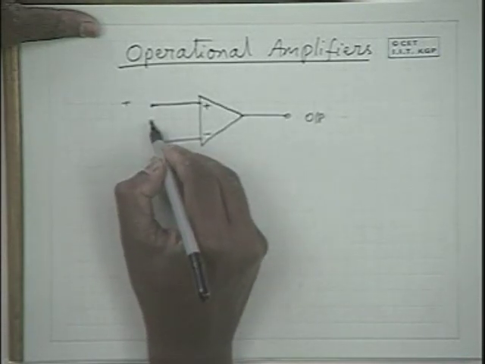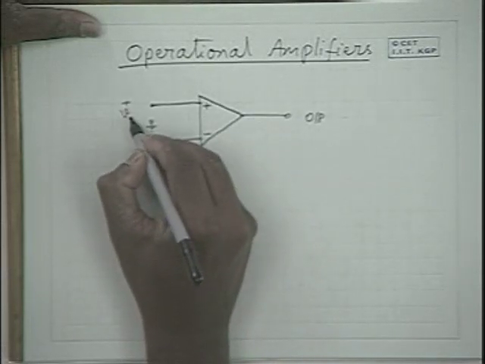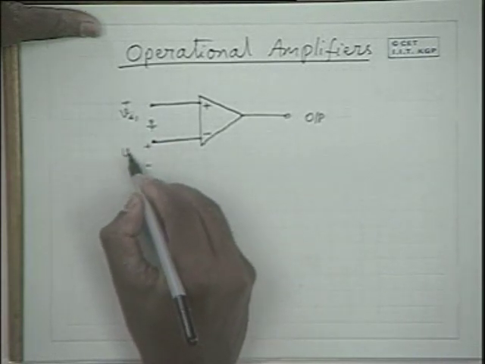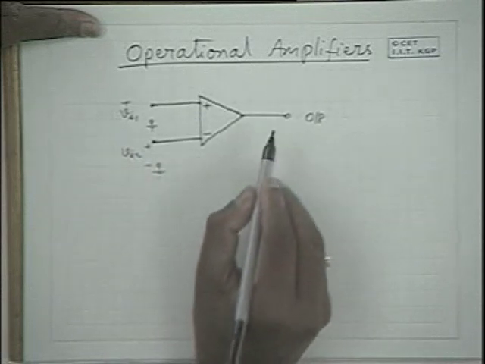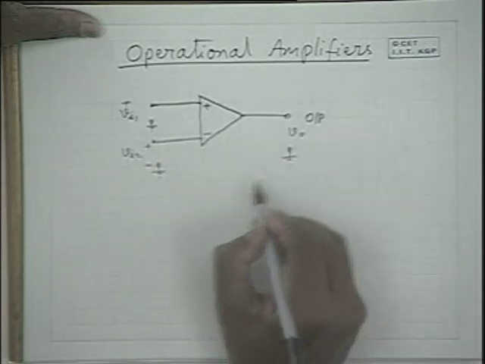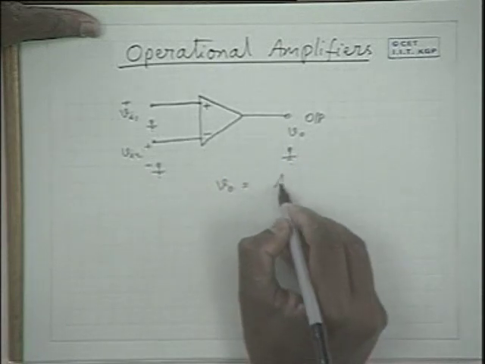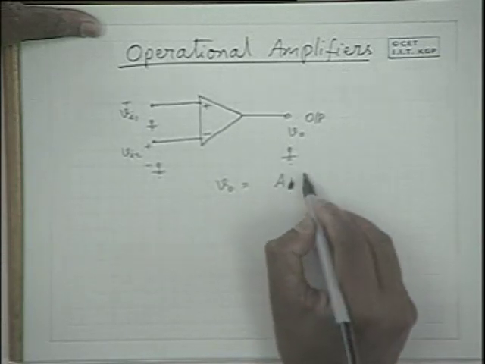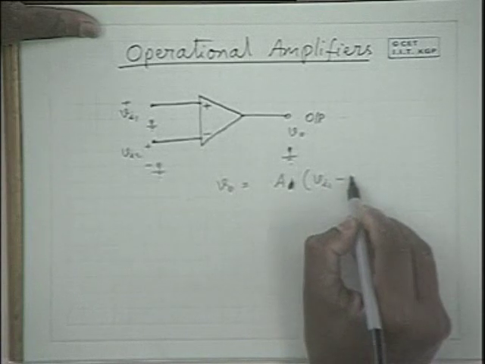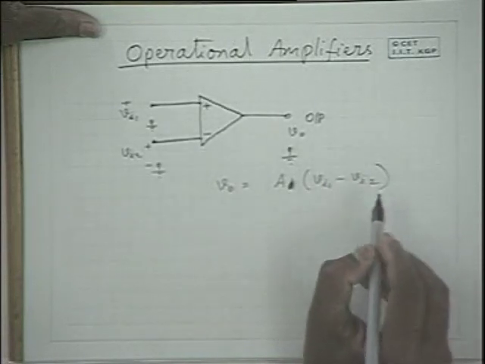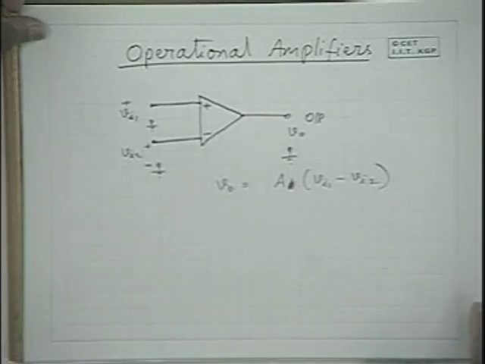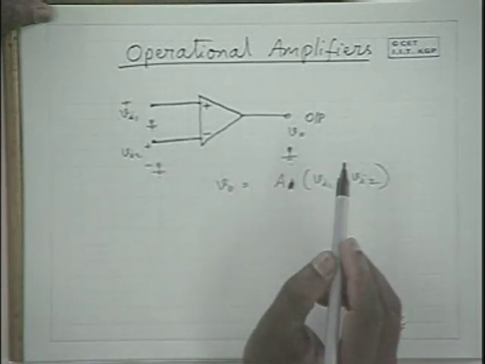That means if you apply here a signal equal to Vi1 and here a signal equal to Vi2, what it gives at the output is equal to AD times, let me call it A itself, A times Vi1 minus Vi2. So it amplifies the difference signal. The common mode rejection ratio is very high and the common mode gain is almost 0.